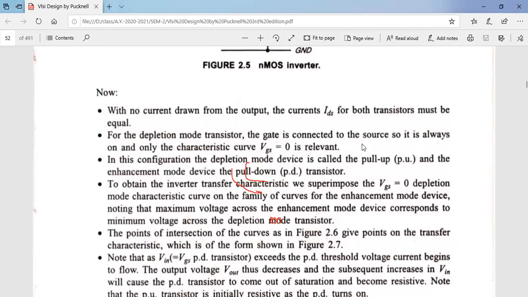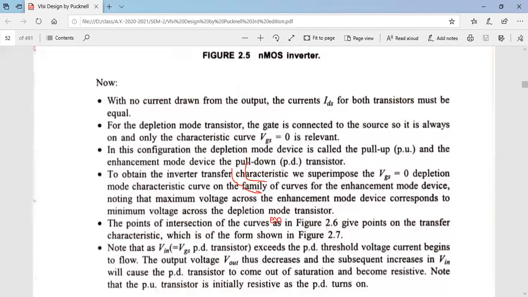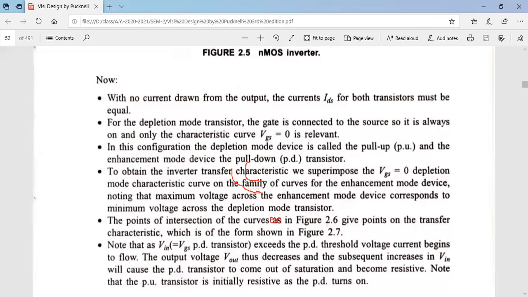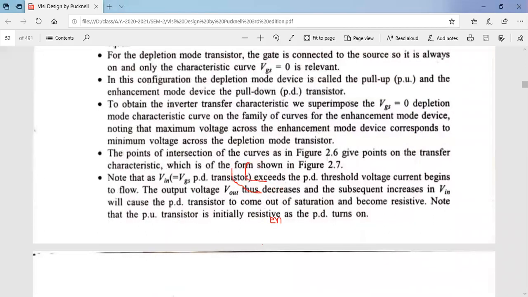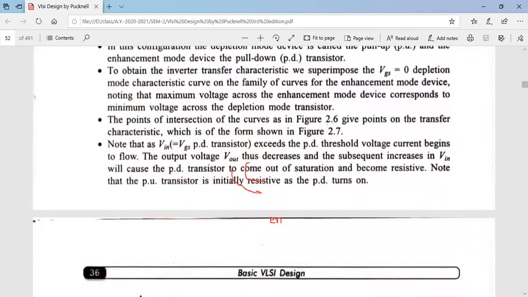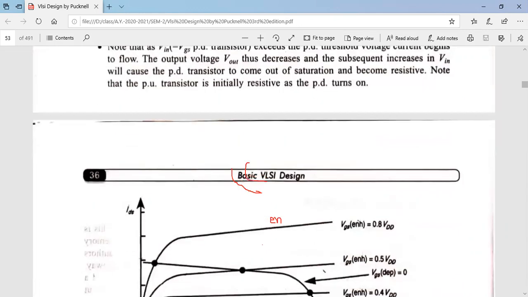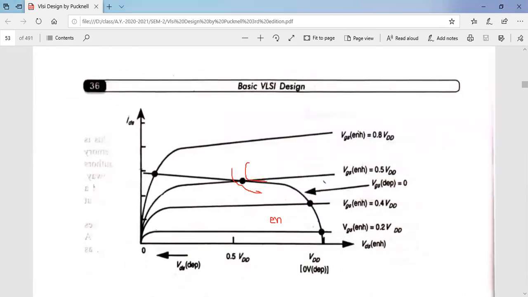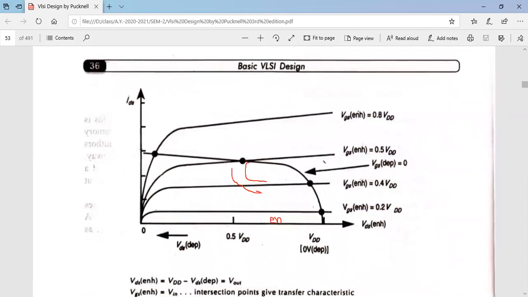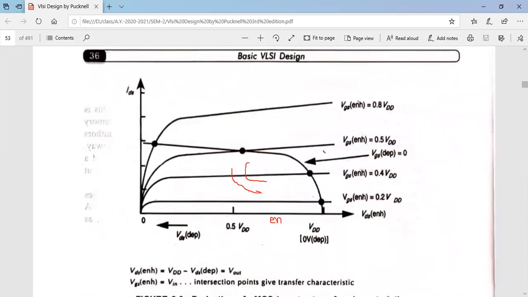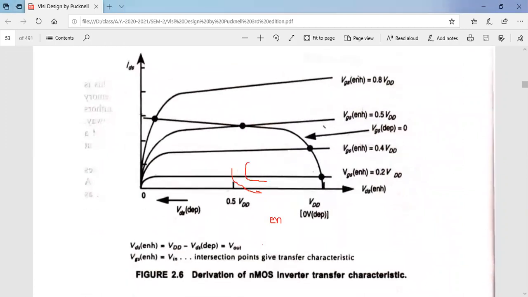To obtain the inverter transfer characteristics, we superimpose the VGS equal to 0 depletion mode characteristic. You can see the transfer characteristics in figures 2.6 and 2.7, the derivation of the NMOS inverter transfer.